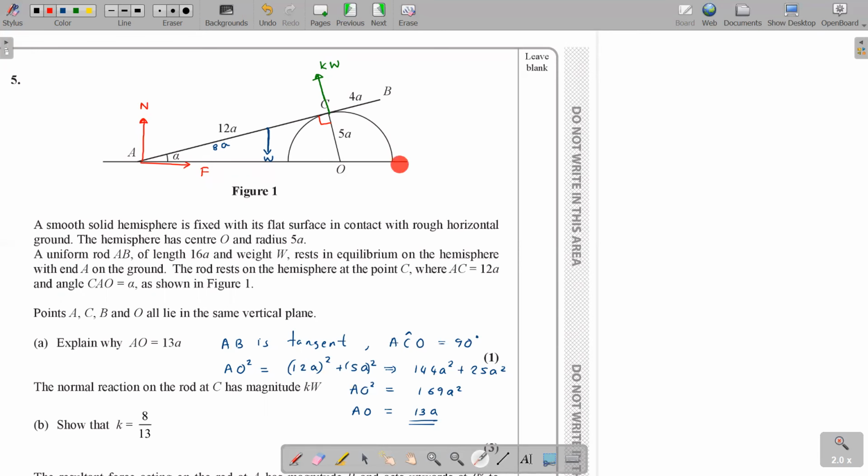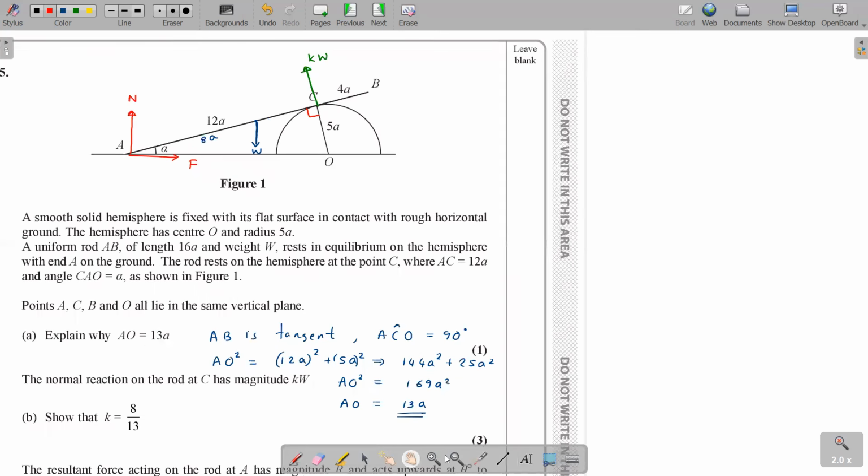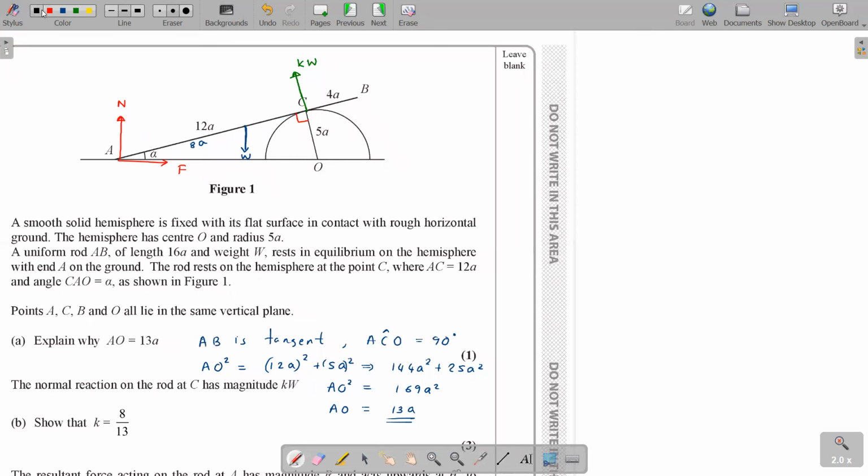We are not marking any forces for the hemisphere. We are primarily concerned about every force acting on the rod. So let's apply moments around A. Because when you take moments around A, two forces we can neglect, so we need to be bothered only with W and KW.